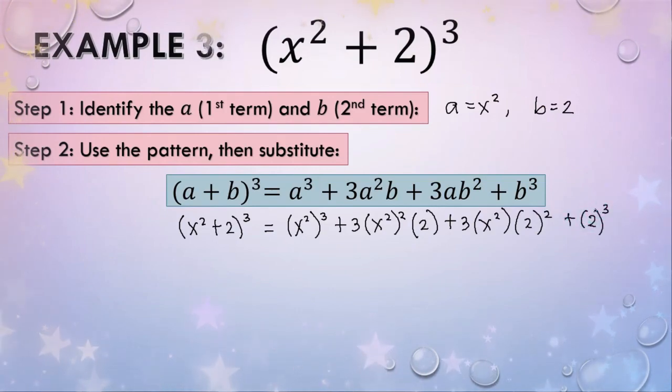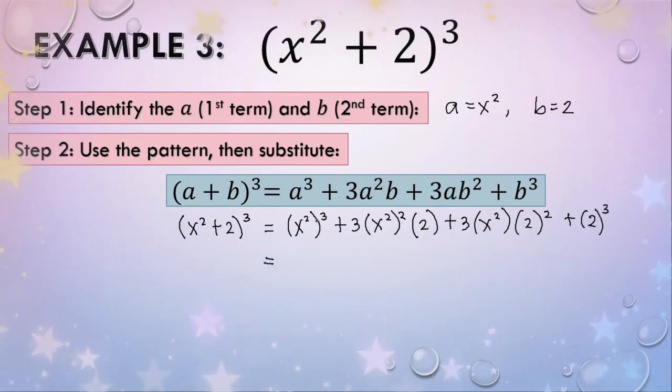Before moving on to the next step, you examine again your equation. If there is something you forgot to put or you forgot to substitute. I think that is all correct now. Then we will proceed to the next step.